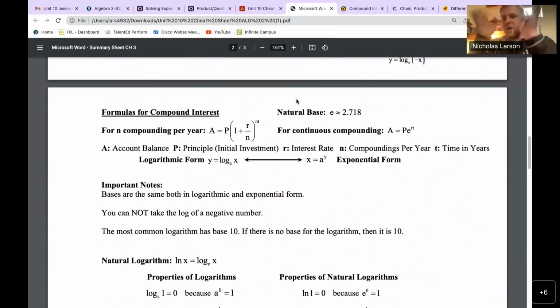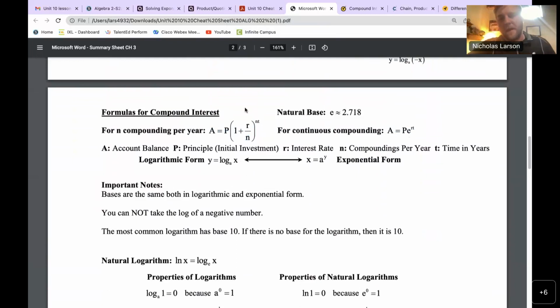One of the most useful parts of this idea is the natural log base e, which approximates to about 2.718, and we use that for continuously compounding interest. So we've got this formula. I know that we will at least practice one of these, when it compounds a certain number of times per year.